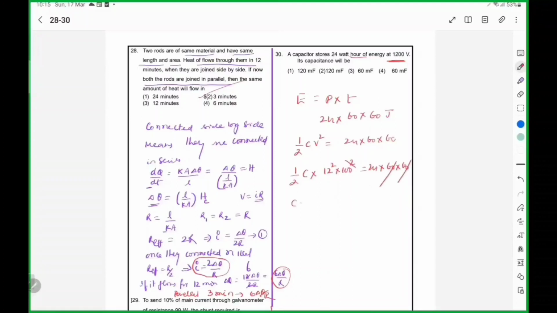Here it is 12 into 72 into 100. 24 into 36. So capacitance is 12 by 100 farads. In terms of millifarads, so 120 millifarads.